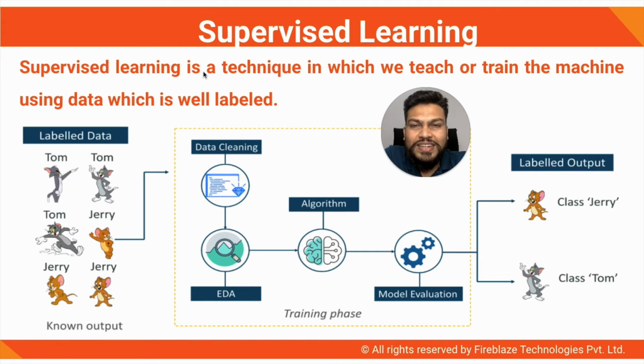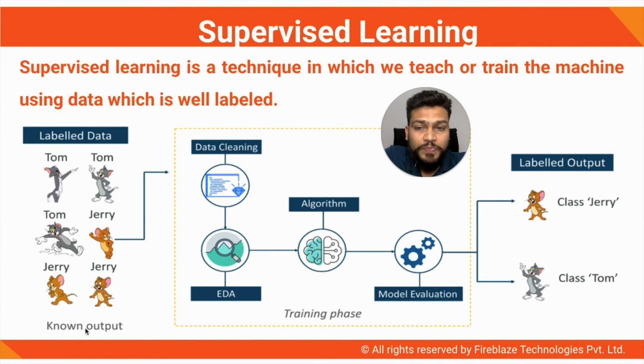Supervised learning is a technique in which we teach or train the machine using data which is well labeled. Listen to me. Whenever you know what is to be predicted, the data is labeled. Your output is labeled. It is defined. You are working under supervised conditions, or it is referred to as supervised learning. First of all, your data is labeled, that this is Tom, this is Jerry.